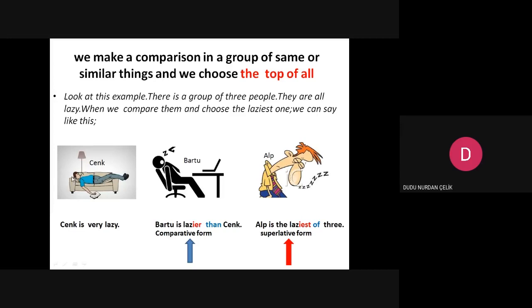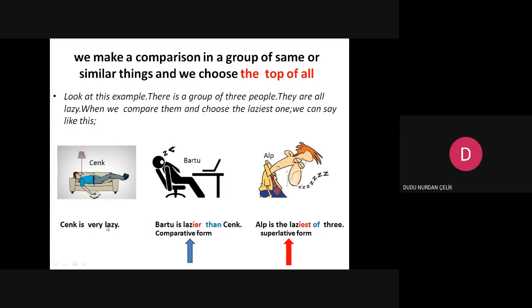This means, here we have a group of people. We have a group consisting of 3 people. 1, 2, 3 lazy people. And when we talk about them, we can compare them like this.